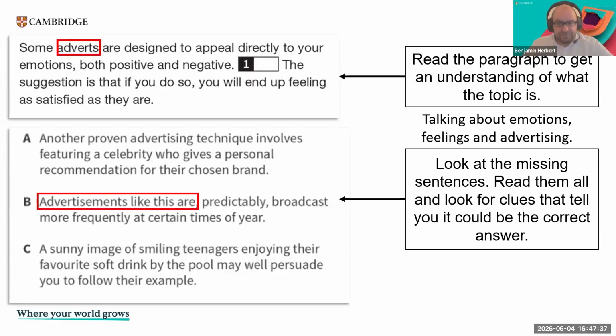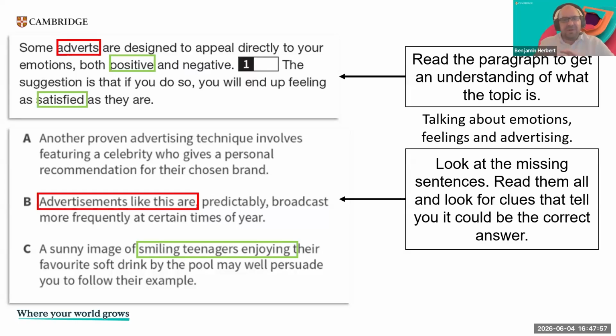So we might see here, okay, we've got a reference to advertisements, but we've also got some synonyms being used.